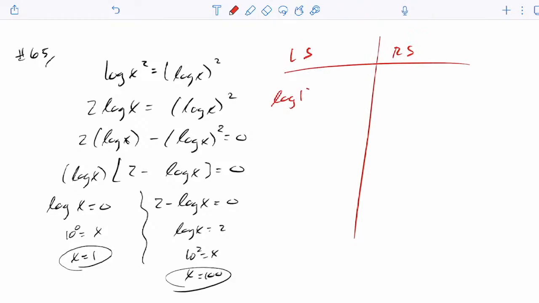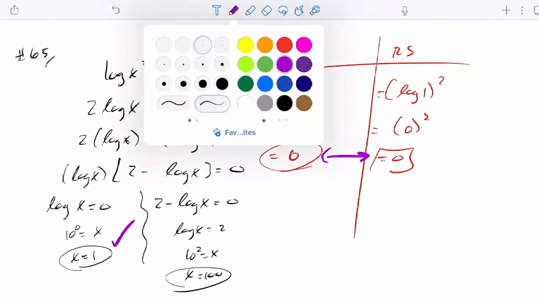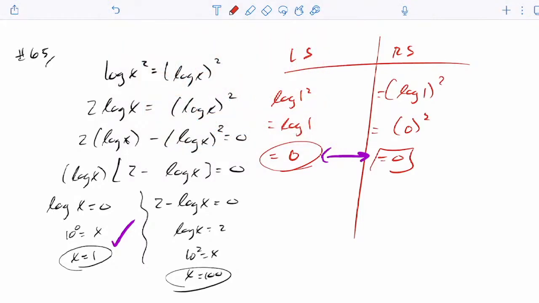This will be log of 1 squared, which is the log of 1, so that's 0 on the left side. On the right side, it's log of 1 quantity squared, and the log of 1 is 0, which is 0 squared, which is 0. So you can do a left side, right side check by doing that. So I know that 1 is good. And doing a similar thing with 100, you get the same answer.